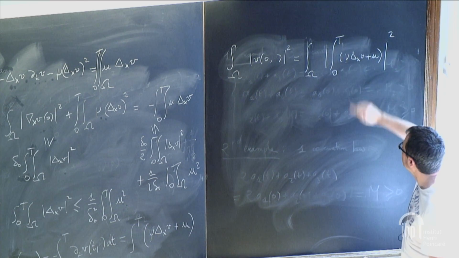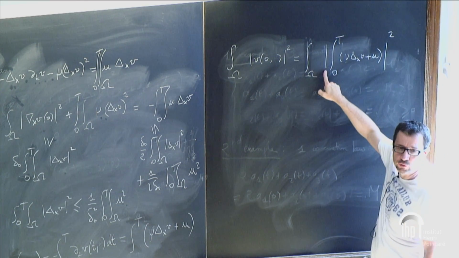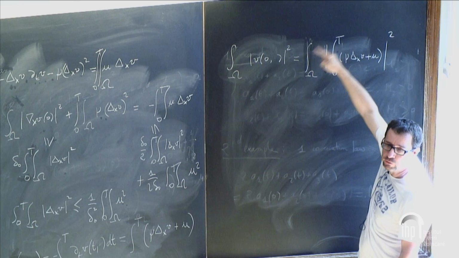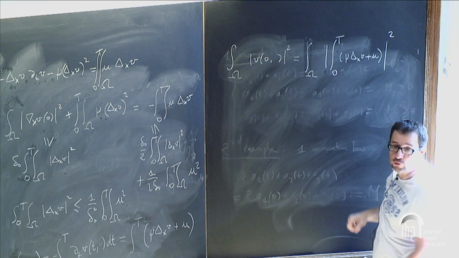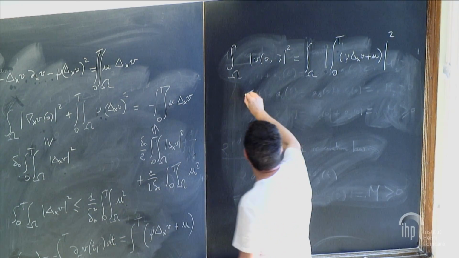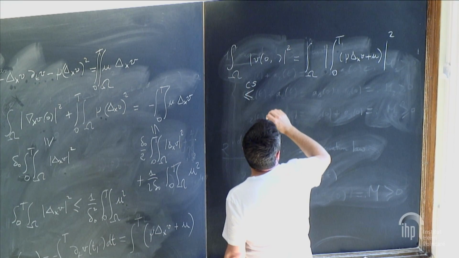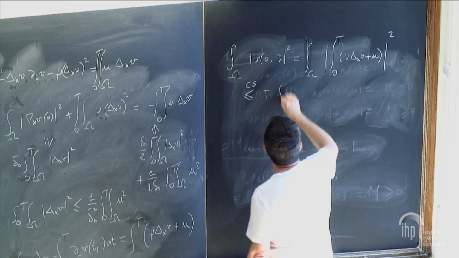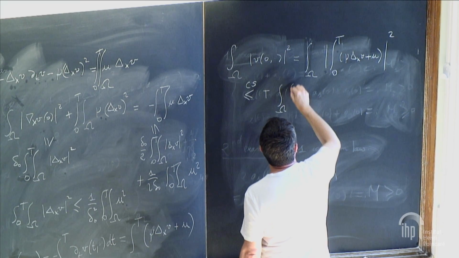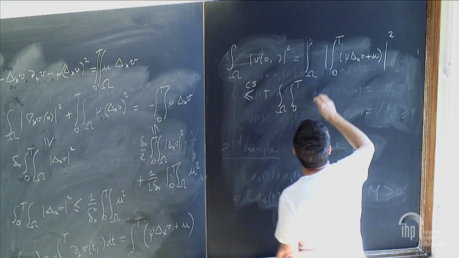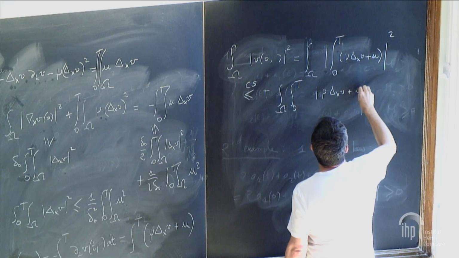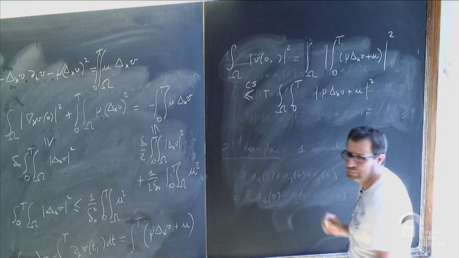And now, as you can see, I just have to use Cauchy-Schwarz in order to get the integral outside of the square. So by Cauchy-Schwarz, this is less than actually t times the integral on omega t of mu Laplacian v plus u to the square.